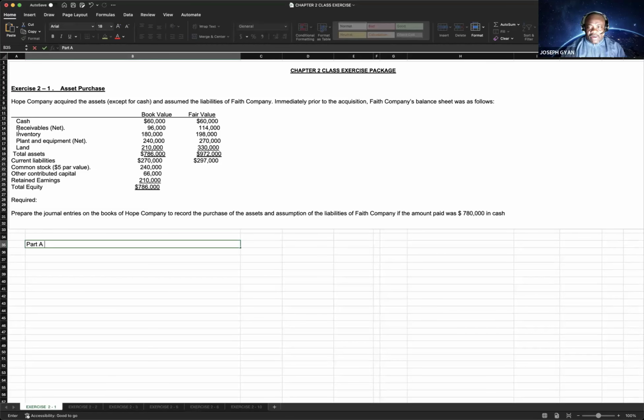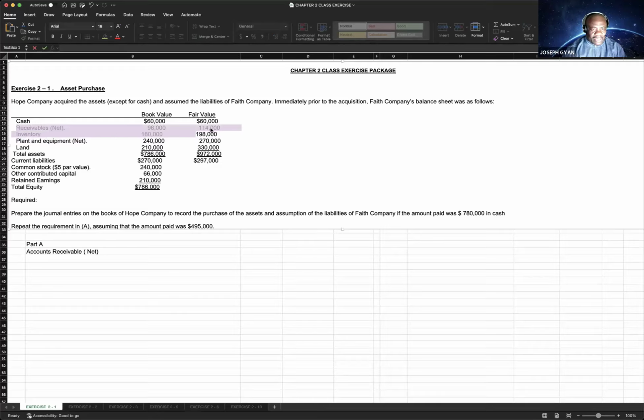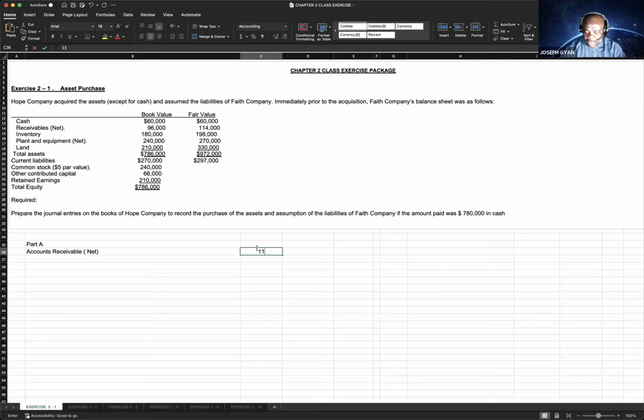All the assets of the company should be debited. We cannot debit cash because they said everything they purchase except cash. So we are going to debit the account receivable, the net account receivable here. The market value is 114, so we are going to debit this 114.